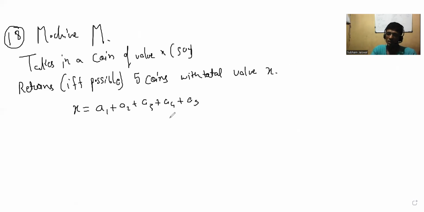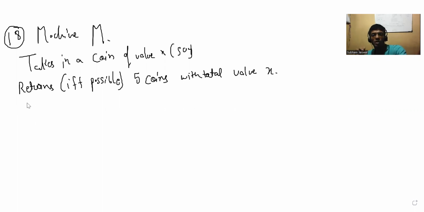So before we move forward, let's stick with the Indian system. We know what coins are available, standard, let's say 1, 2, 5 and 10.